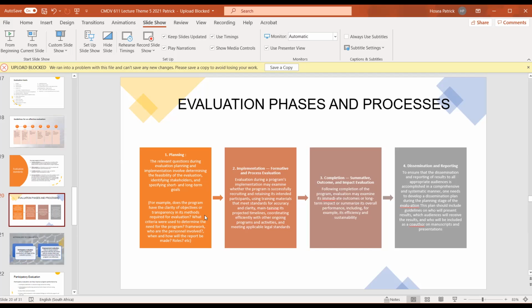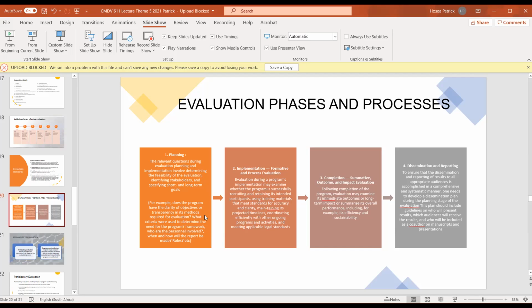And then the final stage is that, like we said, it must be useful, right? But if it is useful, then there has to be a channel for communication. There has to be the dissemination of that particular result or conclusion of the evaluation. That's when we talk about the dissemination and reporting phase.